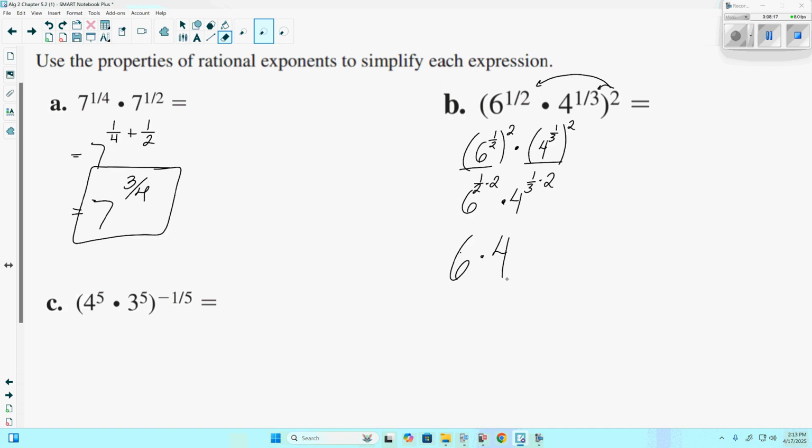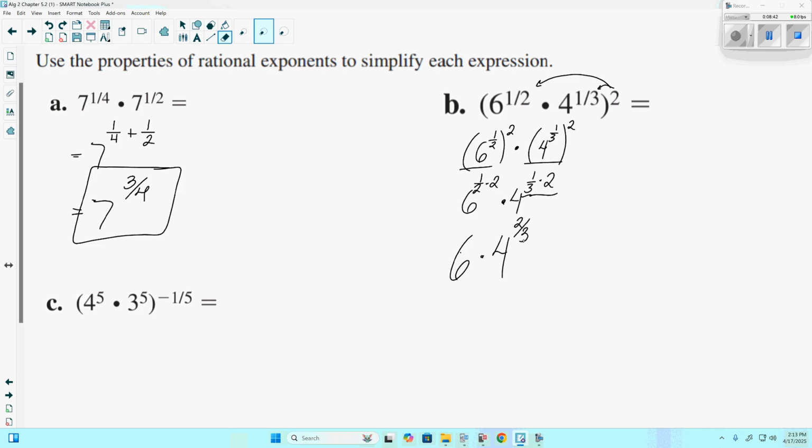So we can just say it's 6 to the first or 6. Our 1/3 times 2 is 2/3. Questions on B?